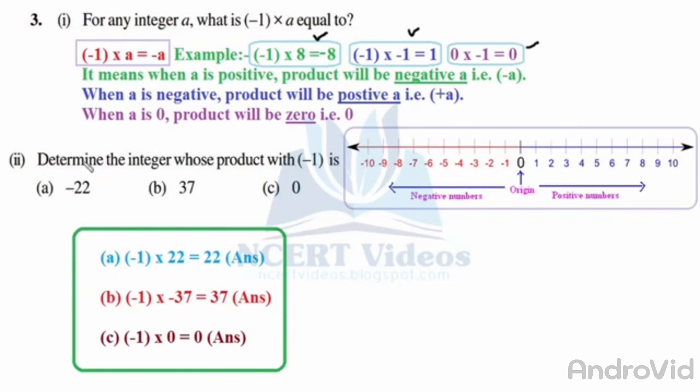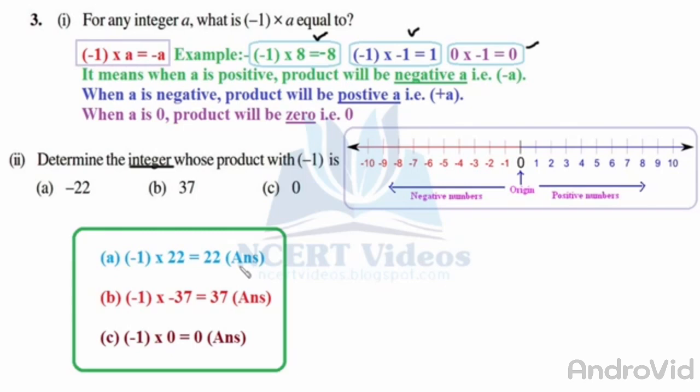Second part, determine the integer whose product with minus 1 is given. So we have to find that integer which gives these following products. You have to find that integer which when multiplied with -1 gives these numbers. So what should be multiplied with -1 to give the answer -22?